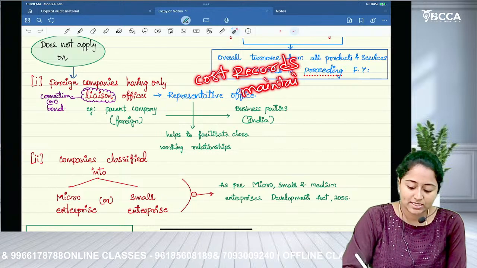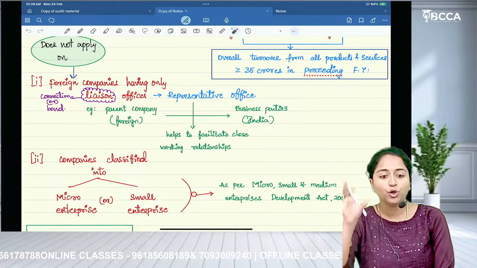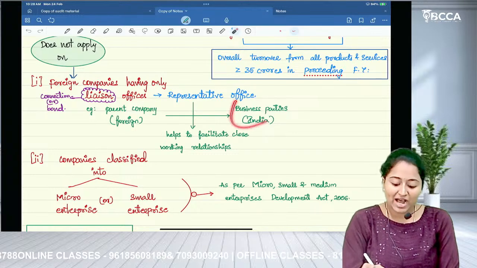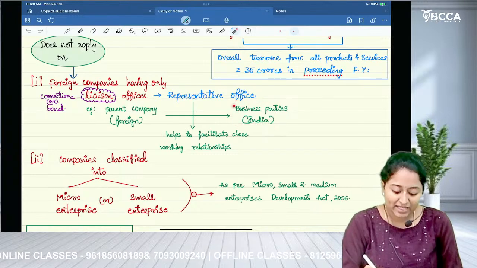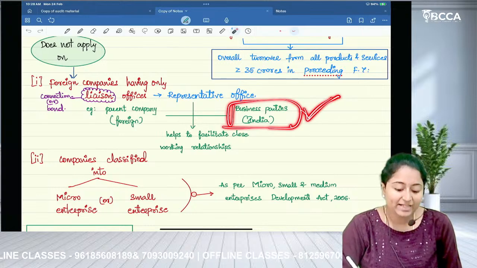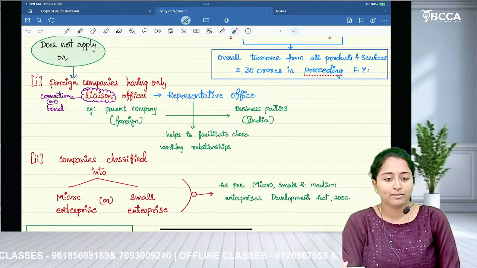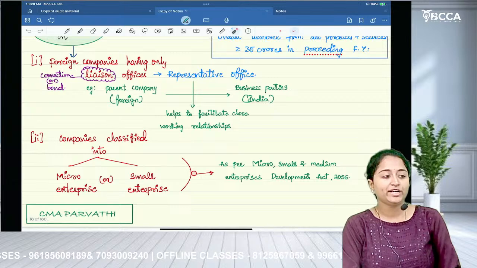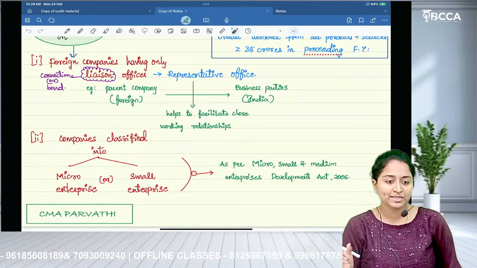Cost records need not be maintained if a foreign company has only a liaison office in India. If it is having another office where business and operations are being done, then in that particular office, it has to maintain cost records. But for the liaison office, it need not maintain. Clear? Now, second is company is classified into micro enterprise or small enterprise under MSME.